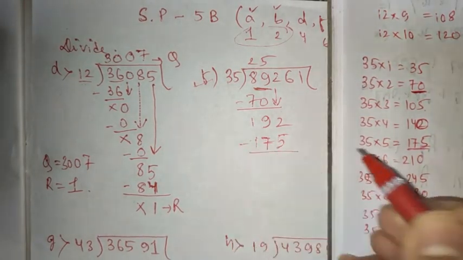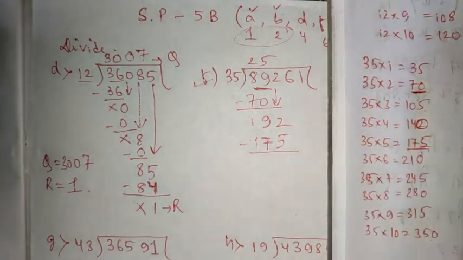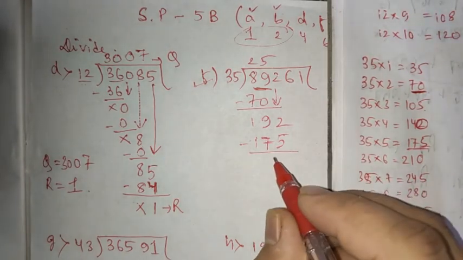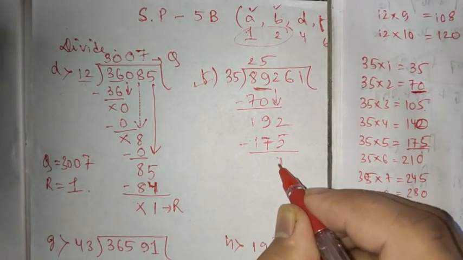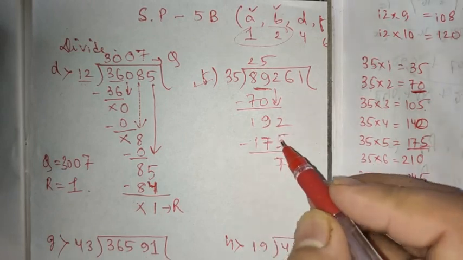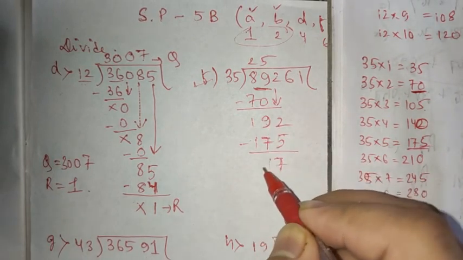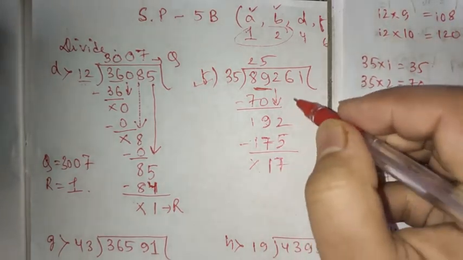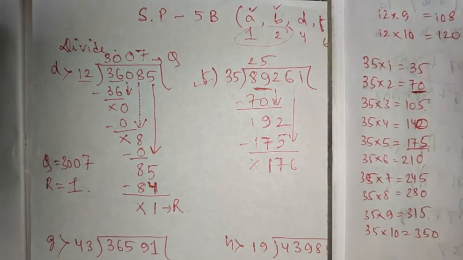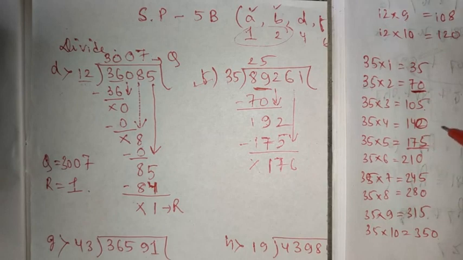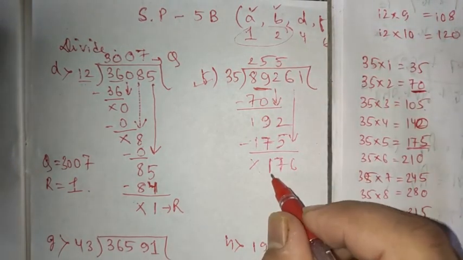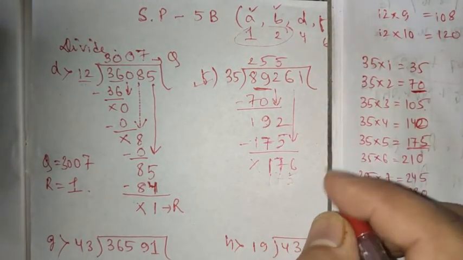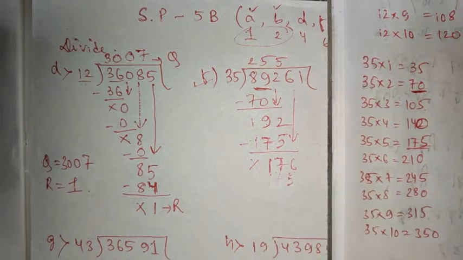Now subtract this. When you subtract, you are going to get 7, right? So now 8 minus 7 is 1, 1 minus 1 is 0. So this is just 17 here. What will come down? The 6 will come down. What is the proper number? Again 5, so it is 175. I think my pen is not working, so I'll be using the next pen.